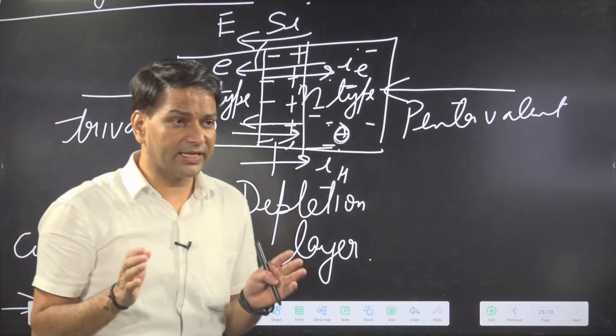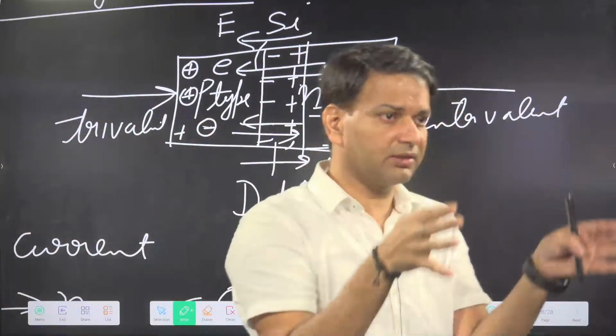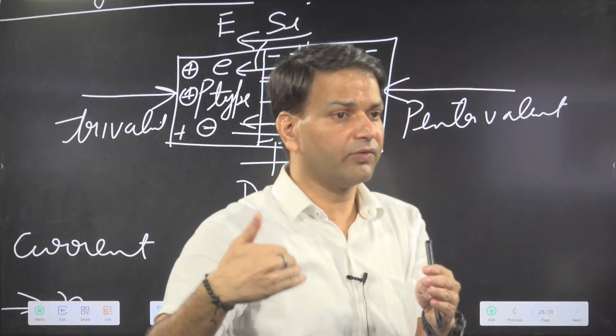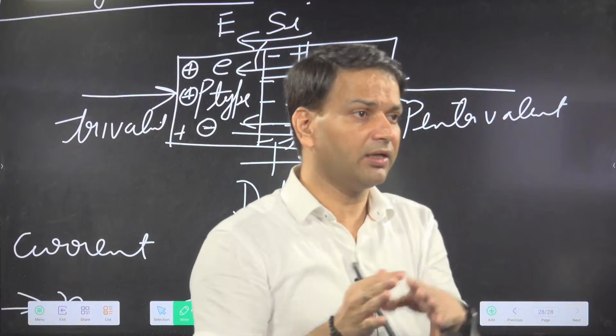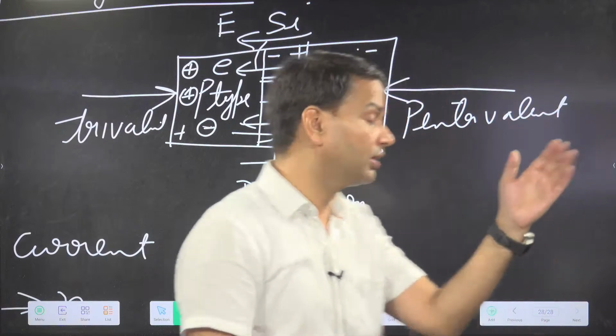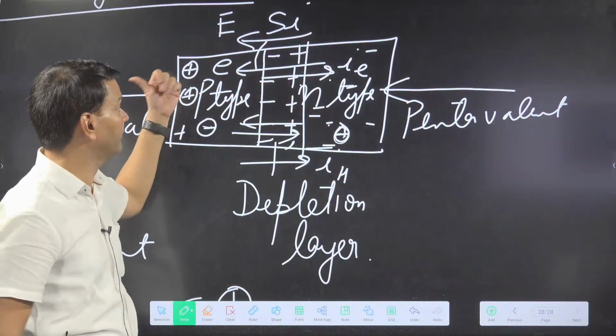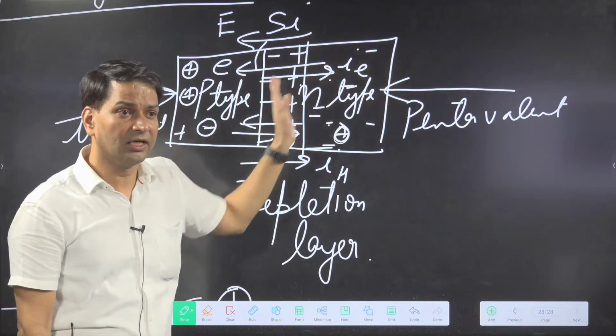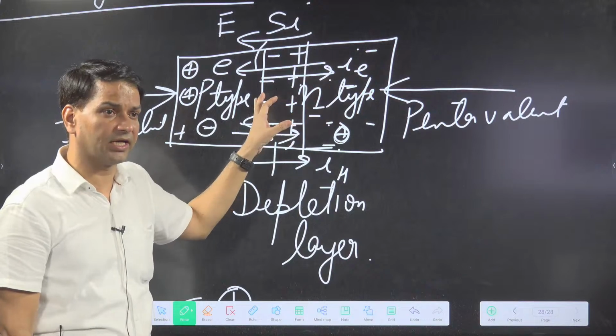So in this case, due to the development of this depletion layer field, it will stop the diffusion. It will decrease the diffusion. Why? Majority holes will experience the force to the left, and majority electrons will experience the force towards the right. So they cannot cross the depletion layer now.